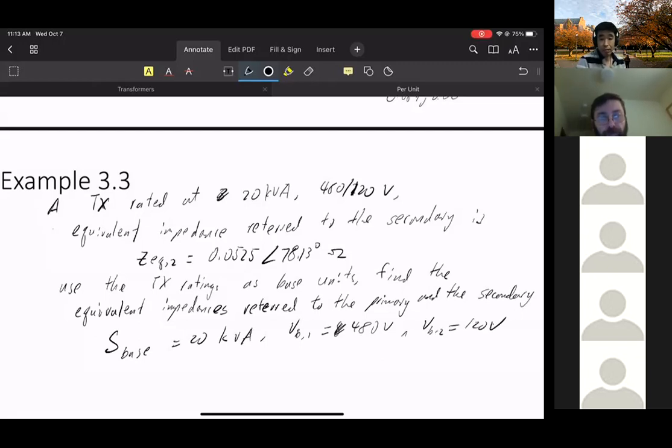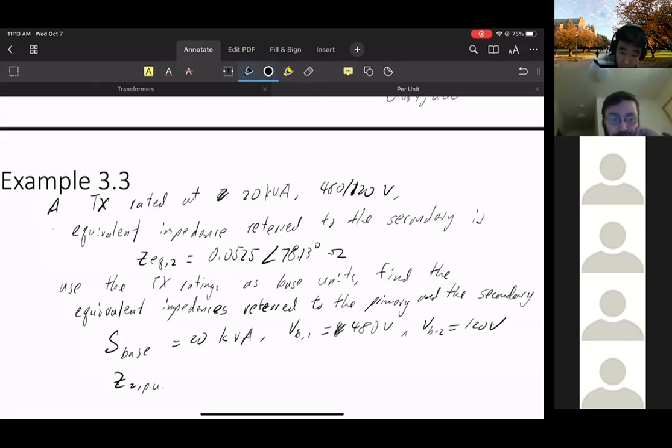So we want to convert everything to per unit. Let's first convert the equivalent circuit on the secondary. Let's look at the secondary side per unit.